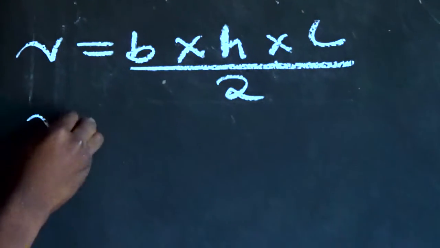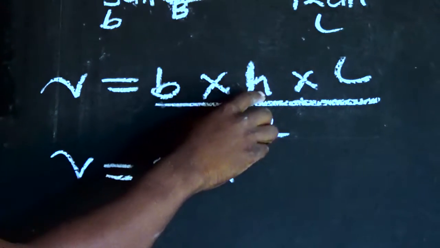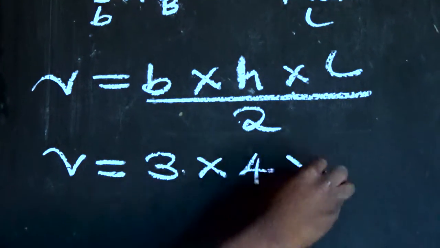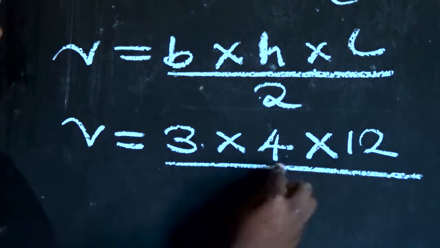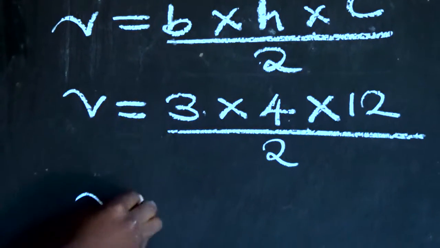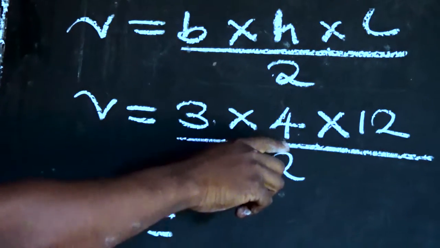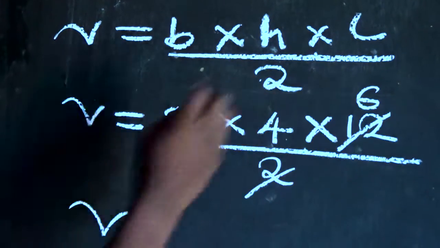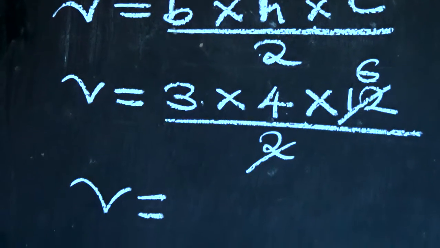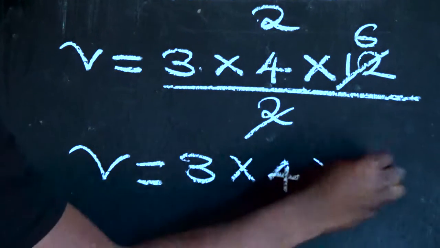Then we say volume is equal to, what is our B? 3, multiplied by our H, 4, multiplied by our L, 12, divided by 2. So volume is equal to, now you can divide. You can say 2 into 4, or 2 into 12, right? So 2 into 12 is 6. So we have 3 multiplied by 4 multiplied by 6.